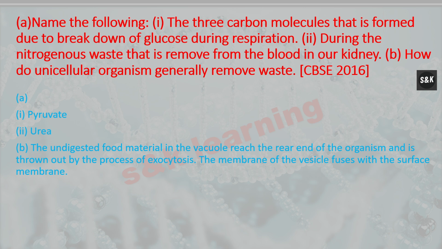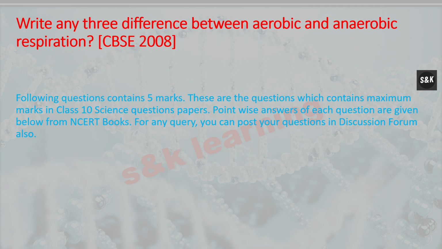And second, the nitrogenous waste that is removed from the blood in our kidney is urea. And the undigested food material in the vacuole reaches the rear end of the organism and is thrown out by the process of exocytosis, through the membrane of the vacuole.